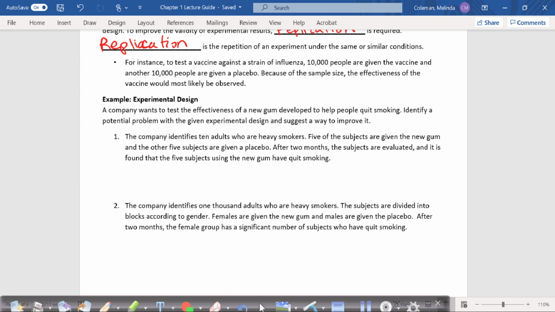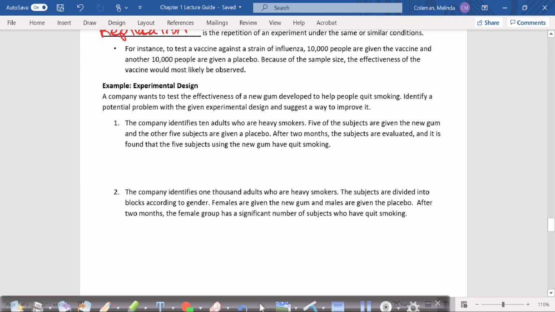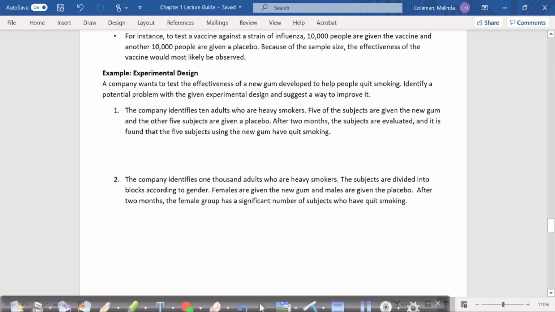All right, so let's look at some practical examples then. Number 1, a company wants to test the effectiveness of a new gum developed to help people quit smoking. Identify a potential problem with the experimental design and suggest a way to improve it. So it says a company identifies 10 adults who are heavy smokers. 5 are given the new gum, 5 are given the placebo.